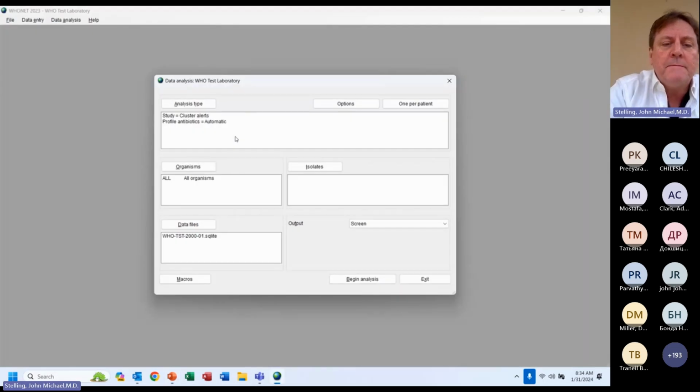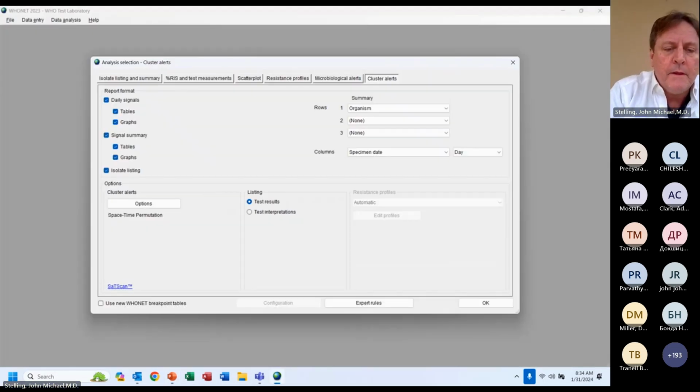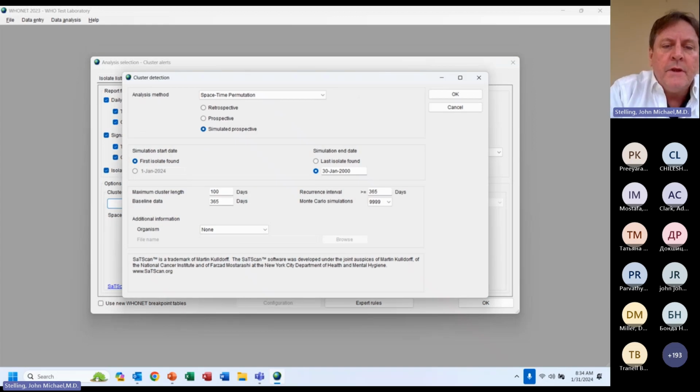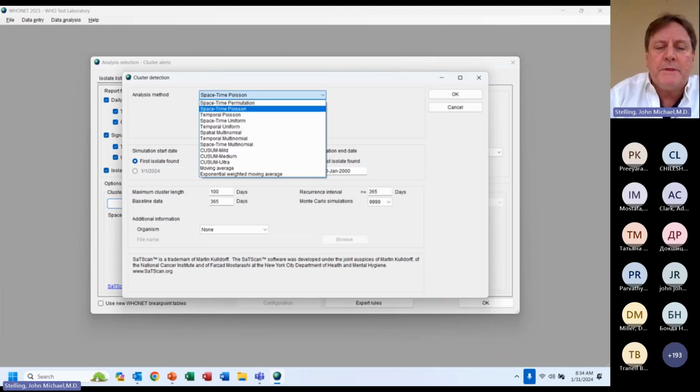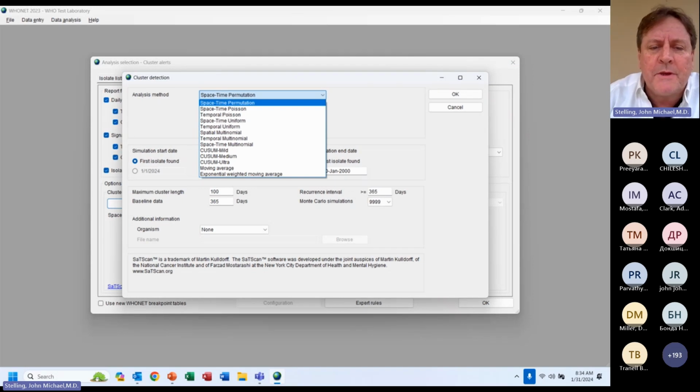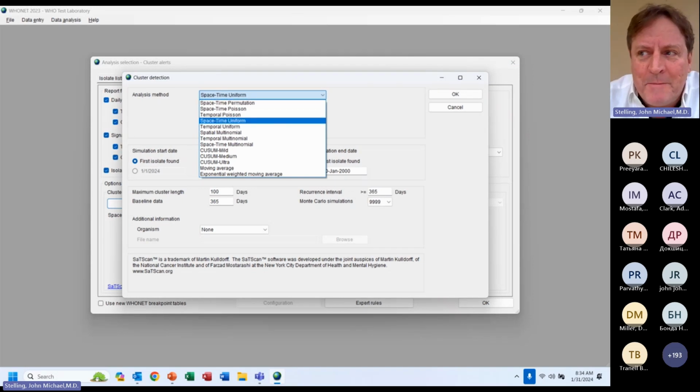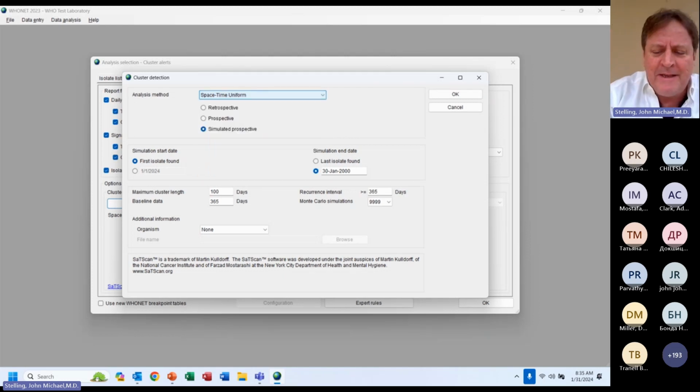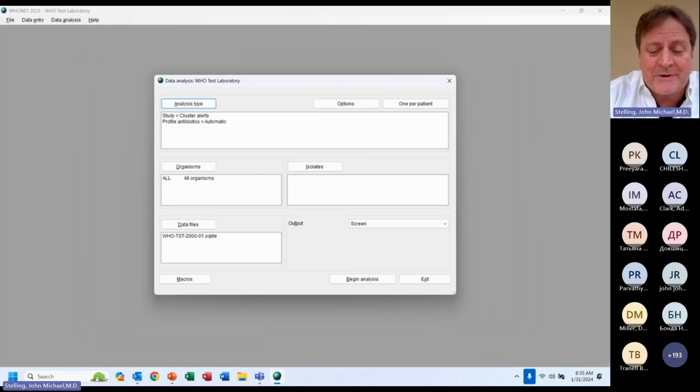I'll go back to WHONET. Options. And here I can choose space-time permutation, space-time uniform. I won't do that because space-time uniform is not going to work with only 1 month of data. It needs more data than that. Let me actually just try it. I've actually never tried it. You can see in the bottom, it is marching through the database.